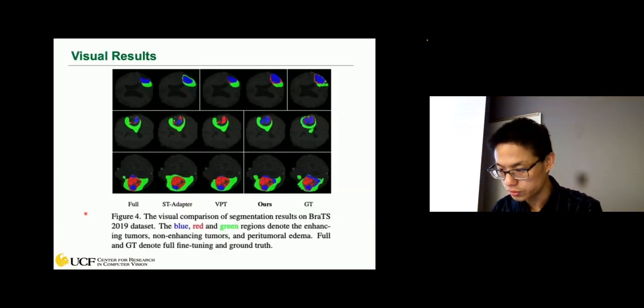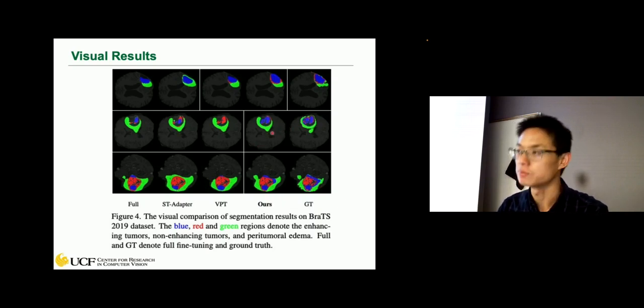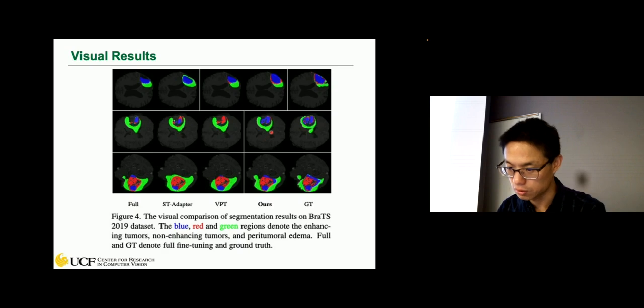And we also show some visual quality assessment, right? Basically it tells you how efficient fine-tuning is able to achieve better segmentation quality, compared to the full fine-tuning. For some of the tumors, we have better performance even compared to the full fine-tuning. Some of them miss some of the classes.